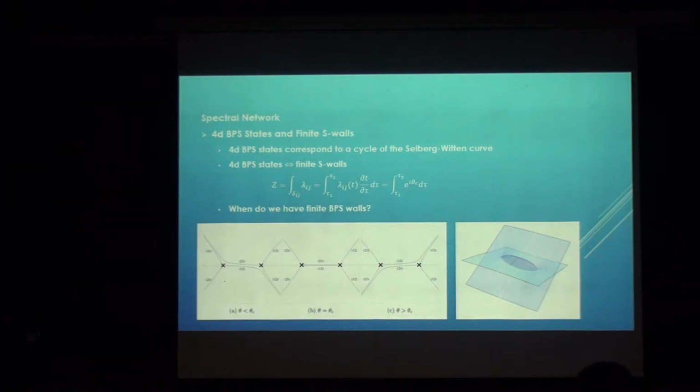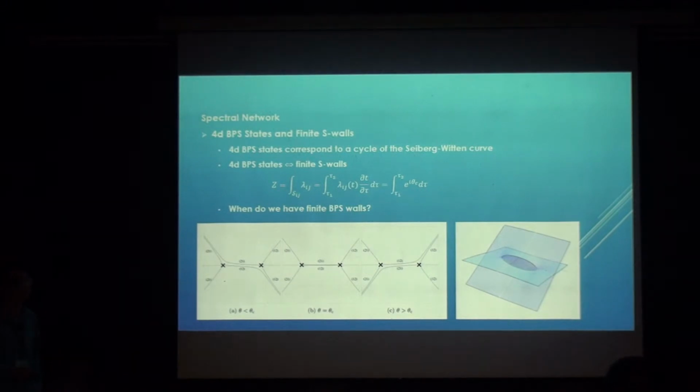So when theta is not at the critical value, the cycle is not there. You are saying when theta equals theta critical, that's when the cycle is stable? Actually, when theta equals theta critical, some S-wall matches with the cycle.